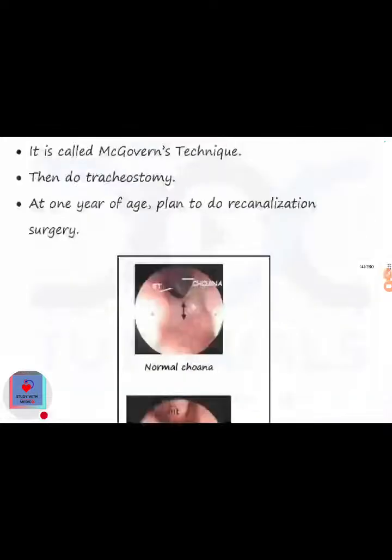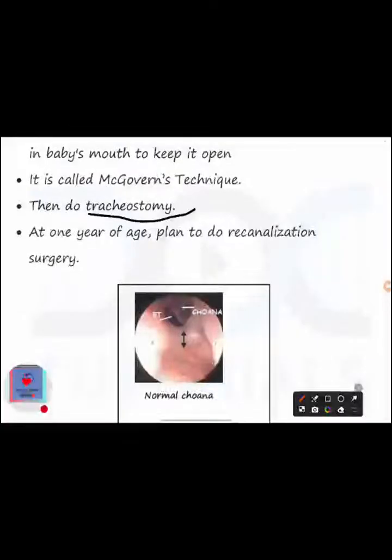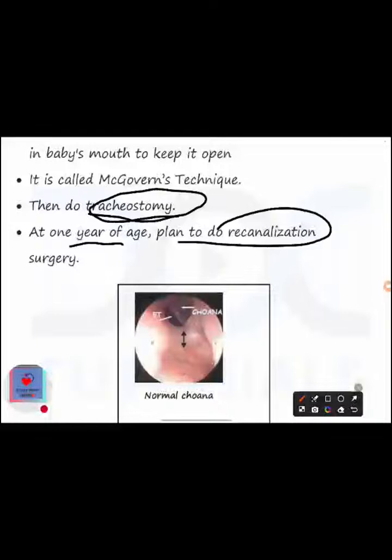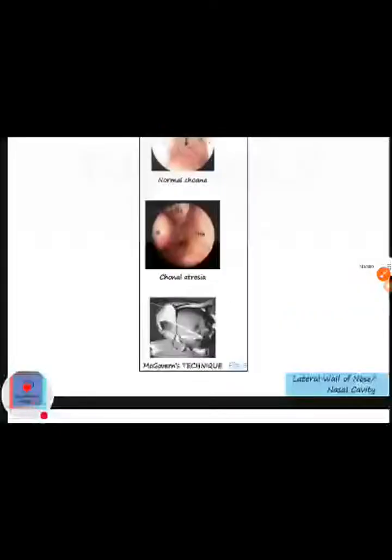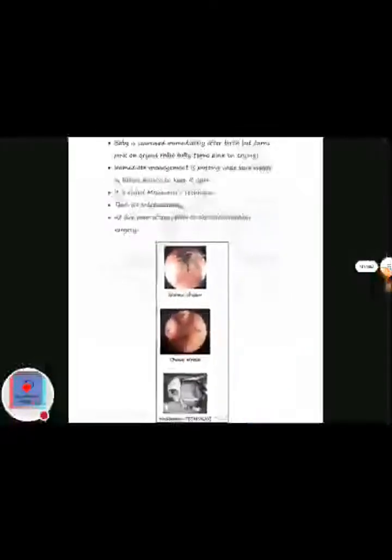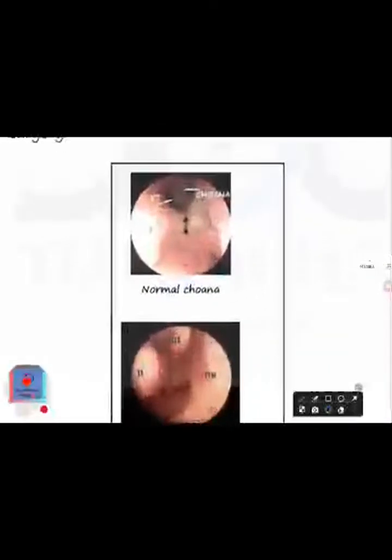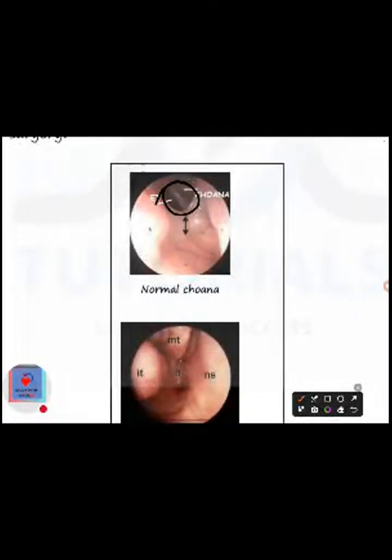So we do an emergency tracheostomy to help the breathing. After 1 year, plan for recanalization surgery, endoscopic surgery, where through the endoscope the choana can be opened. So this is the normal choana with the opening patent here, but here the choana is closed.